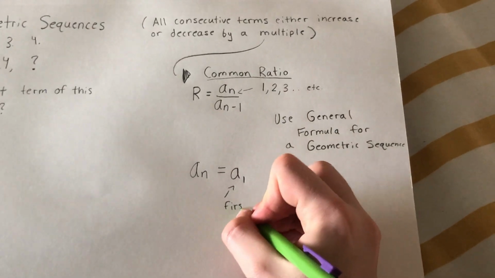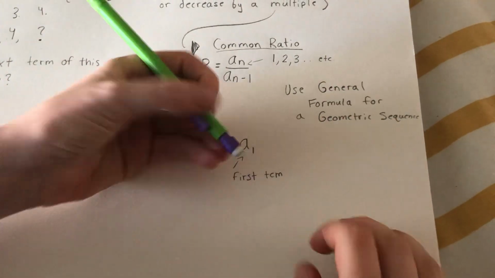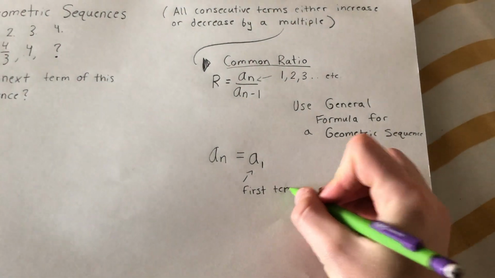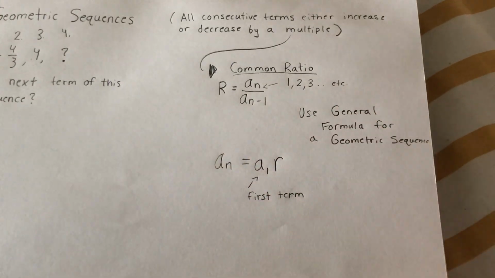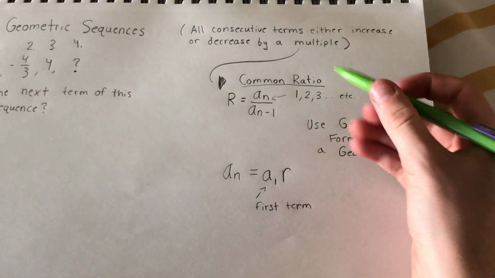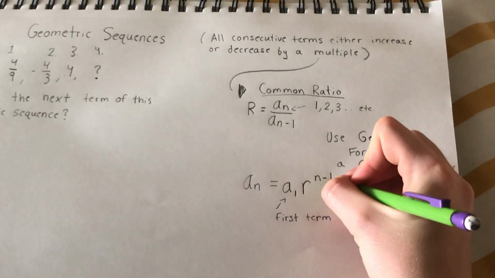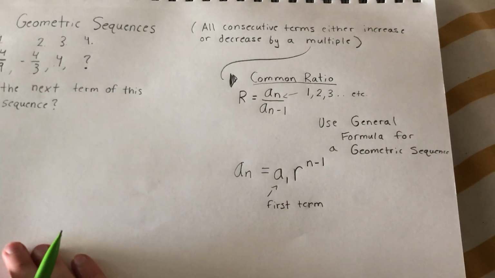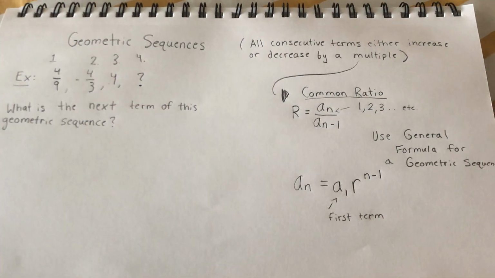This is the first term, multiplied by our common ratio, raised to the n minus 1th power. Okay, and we would already know what the first term was in this example.